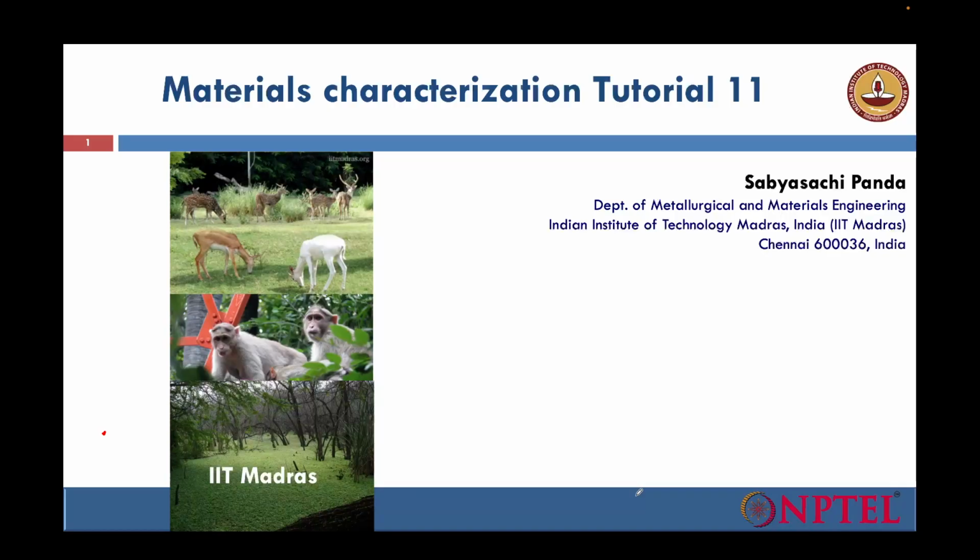We put the sample into the sample chamber, with the electron gun column, and accordingly we get output either in the form of an image or in the form of a diffraction pattern. So continuing on that, last class we mostly studied the instrumentation part.